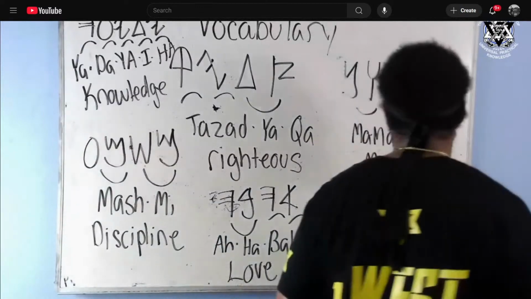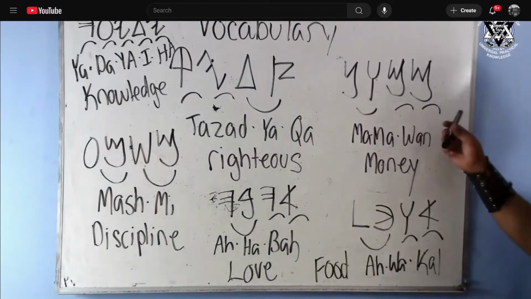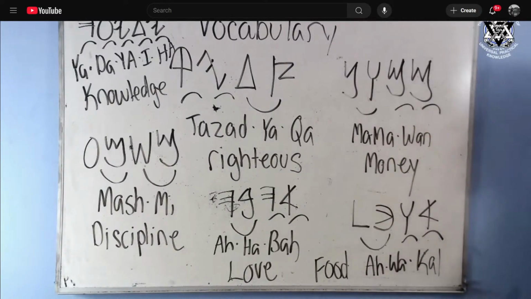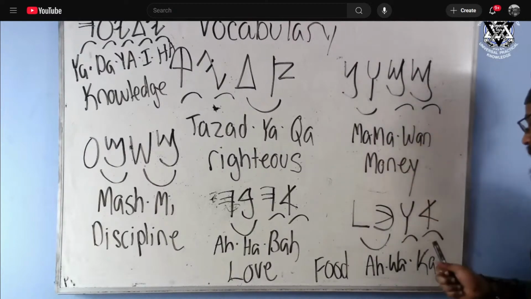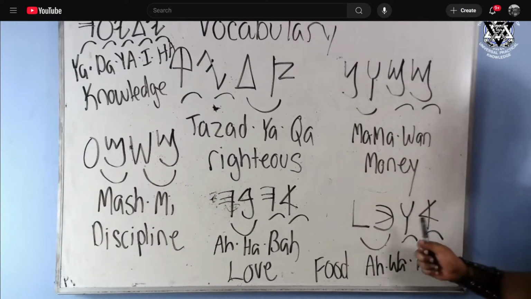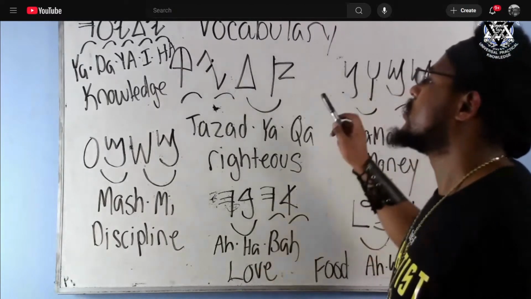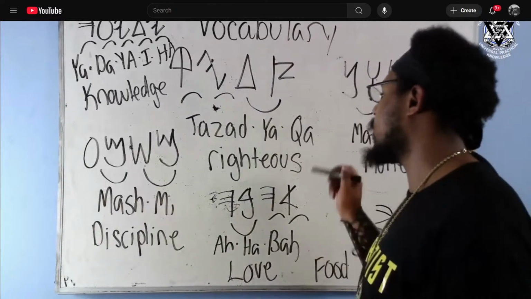So we got, again, a little more vocab words. Mamon, meaning money. Akhal, meaning food. Tzadik, meaning righteous.